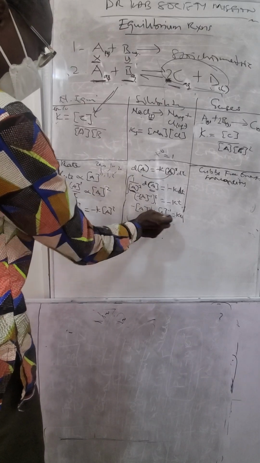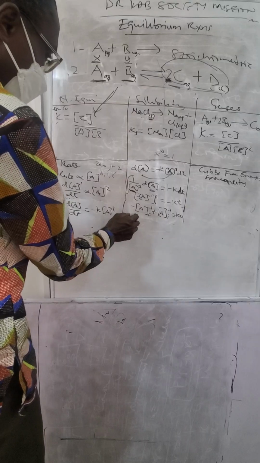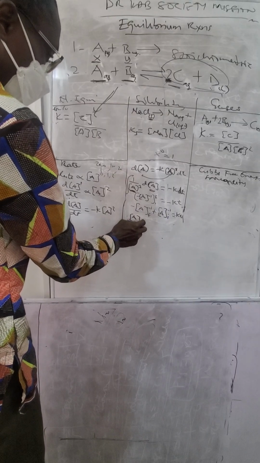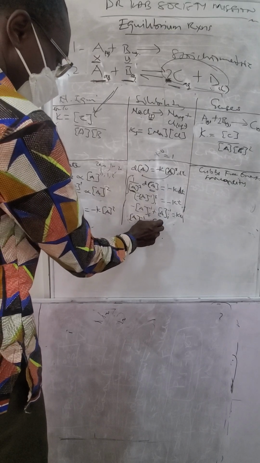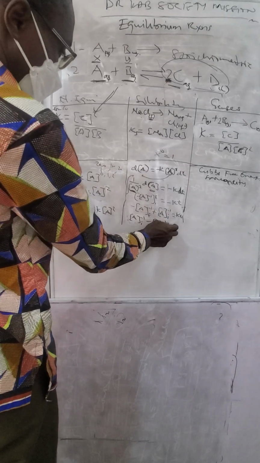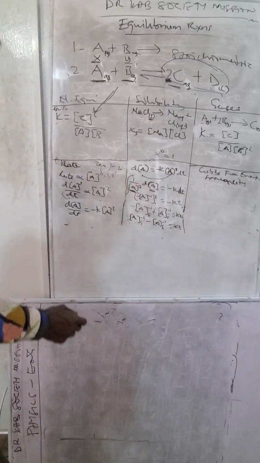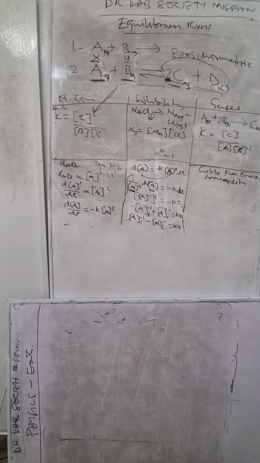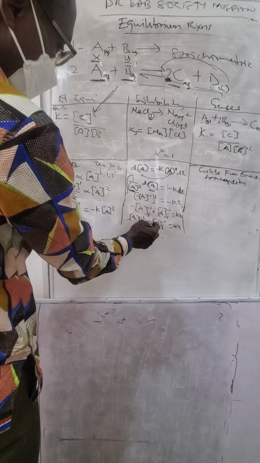Okay. Now you can rearrange this one and say what? A initial minus 1 minus a final minus 1 is equal to minus kt. Alright, so this becomes the final thing that you have to do. Okay, so this you can rearrange.